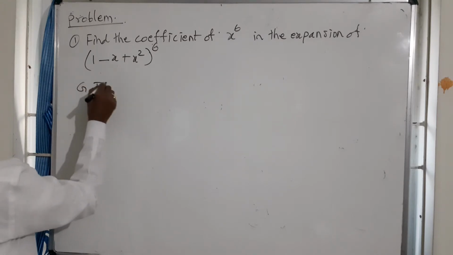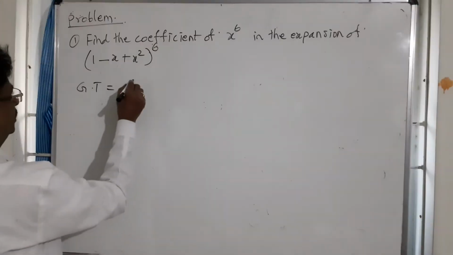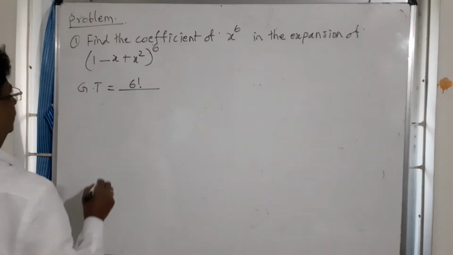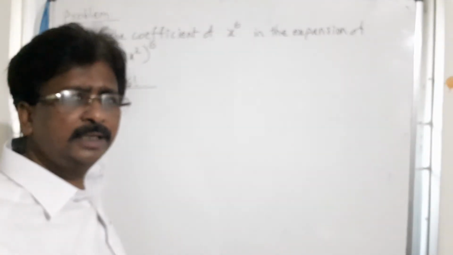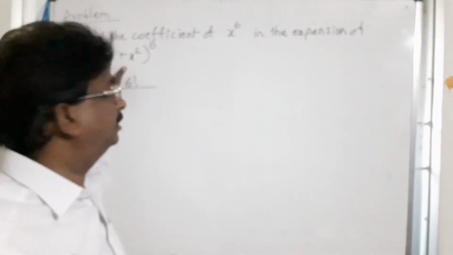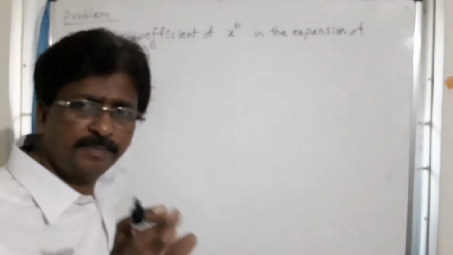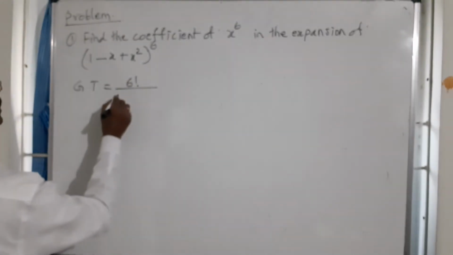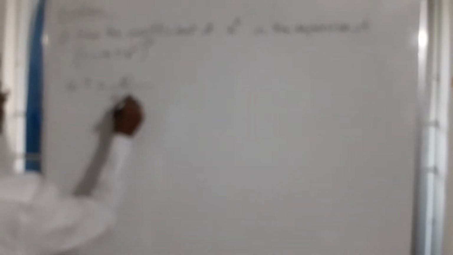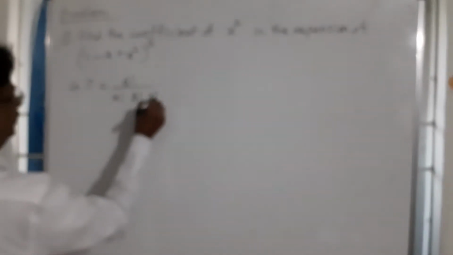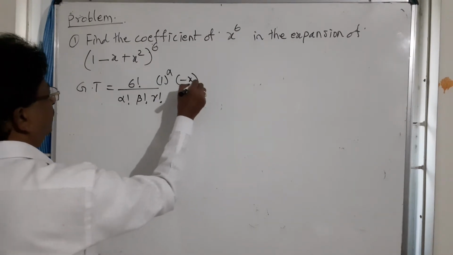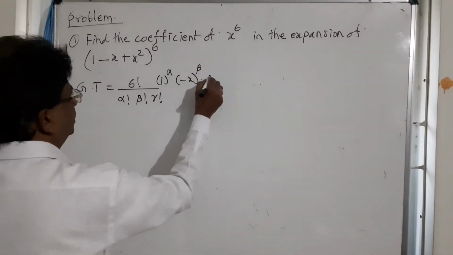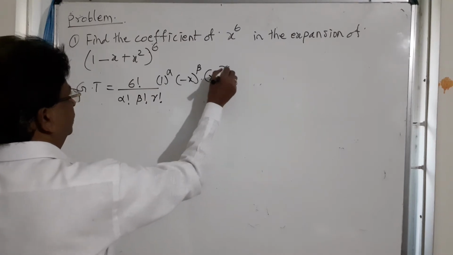The general term of this expansion is 6 factorial by alpha factorial, beta factorial, gamma factorial, where alpha is the exponent of 1, beta is the exponent of minus x, and gamma is the exponent of x square. So it is 6 factorial divided by alpha factorial, beta factorial, gamma factorial, times 1 power alpha, minus x power beta and x square power gamma.